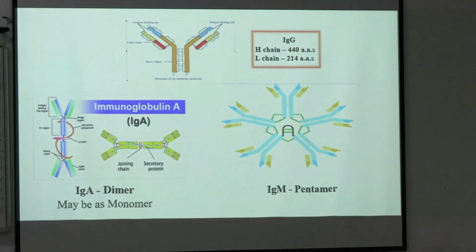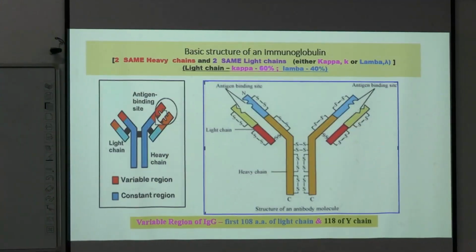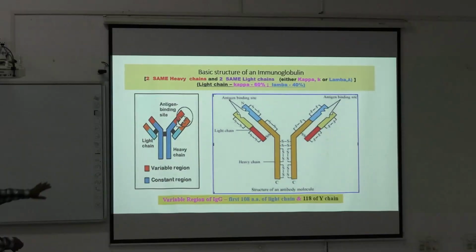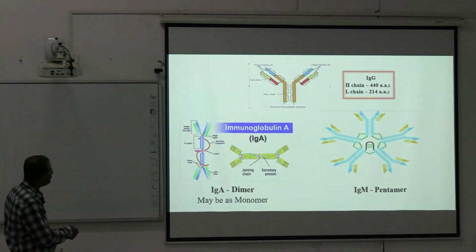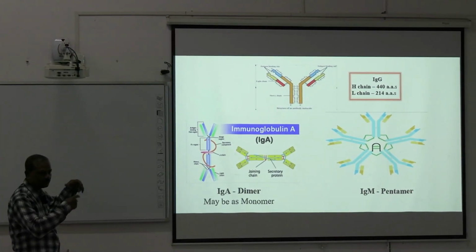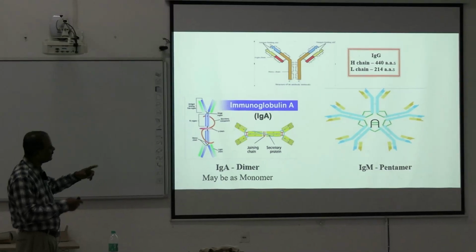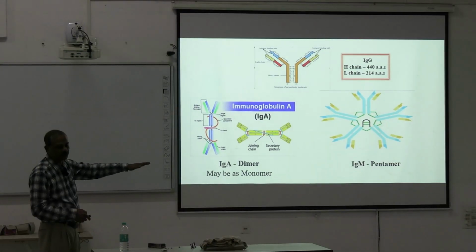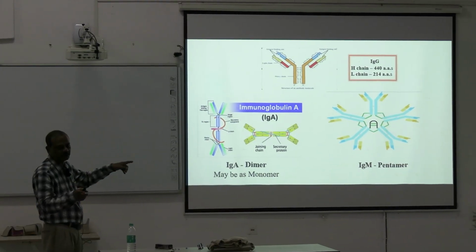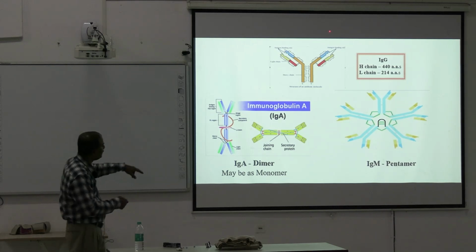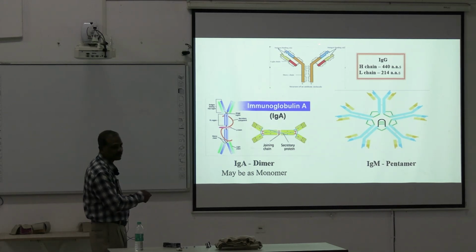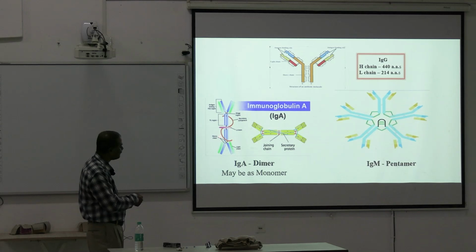So there are 5 types, as I told you. This is the primary basic structure. Now, the IgA molecule is a dimer, meaning 2 molecules joined together with a J chain. Similarly, IgM is a pentamer, with 5 of the same structure bound together. So here you have 2 binding sites, here the binding sites are 4, and here the binding sites are 10.